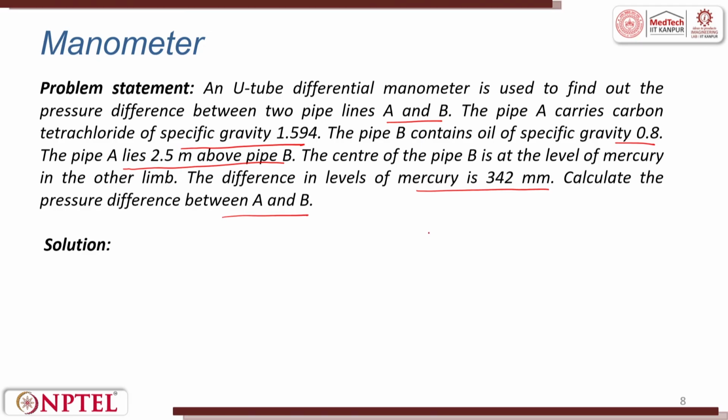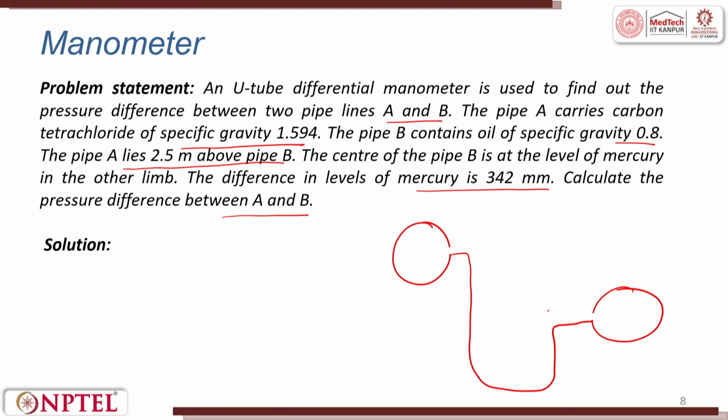So there are two different liquids here, A and B, and there is a connection between them using a U-tube differential manometer. Like this, and it has given the values here. I will just name it as A, name this as B, and this is the center point here.